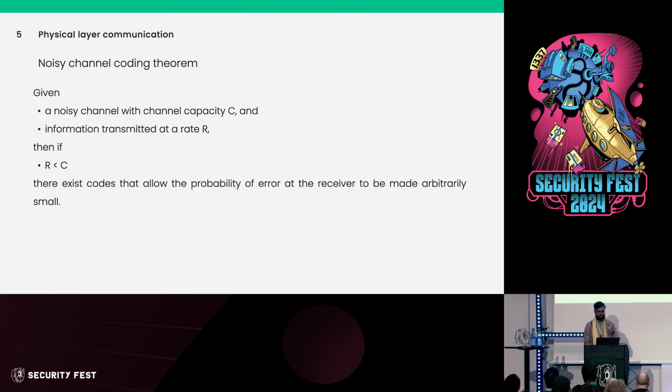Second part is this neat little theorem, and this says that for any communication channel which has some amount of noise, again, you should be able to quantify how much noise is there, how much signal you want to transmit. It basically says that it is possible to transmit data in such a way that you get arbitrary amount of accuracy.